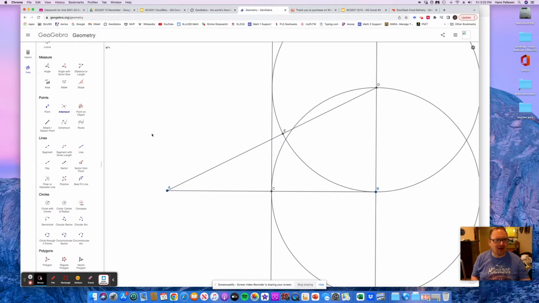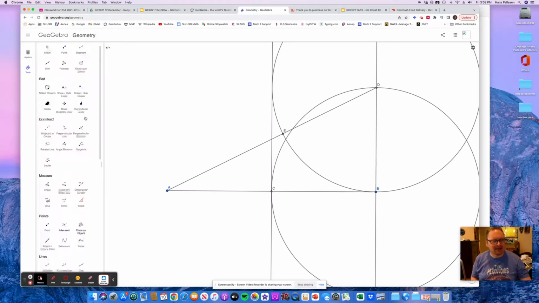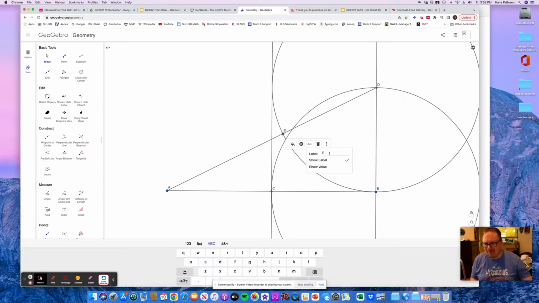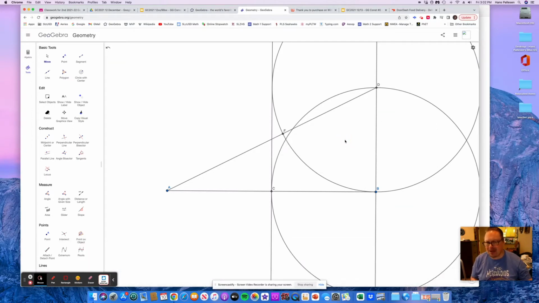Now, this is calling it E, so let's change that to F. And I'll click on the letter, change the letter to be F. And then I just click white when I'm done.